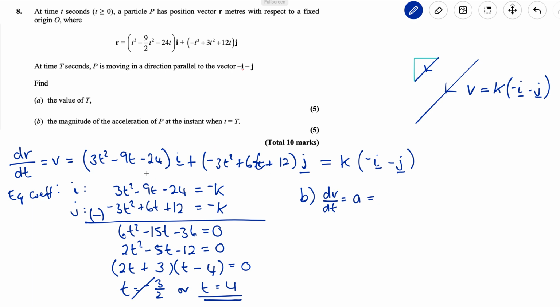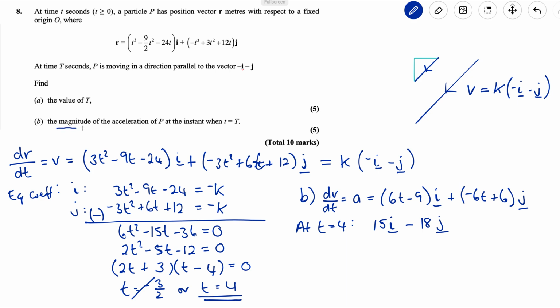And so differentiating the velocity, I'll get (6t − 9)i + (−6t + 6)j. And at t = 4, 6 times 4, 24 minus 9 is 15i and −18j.